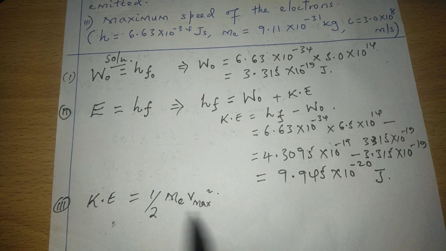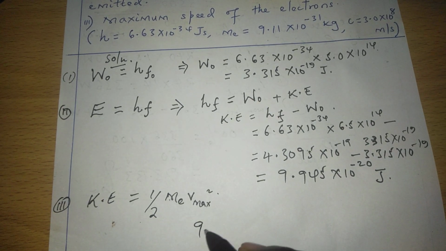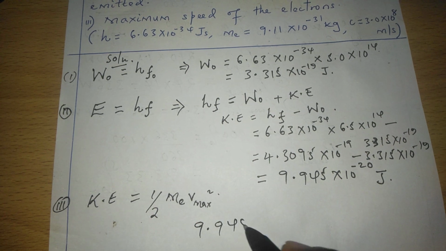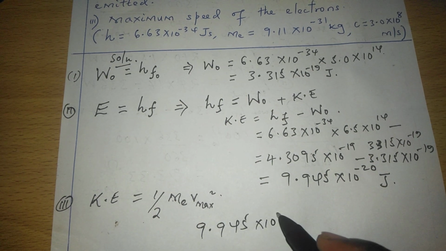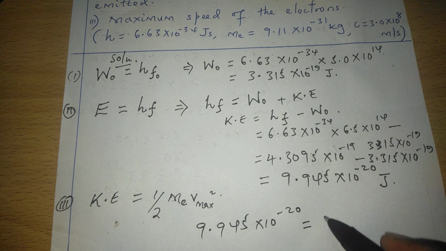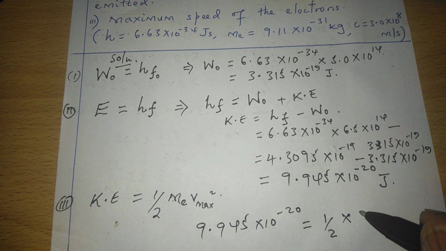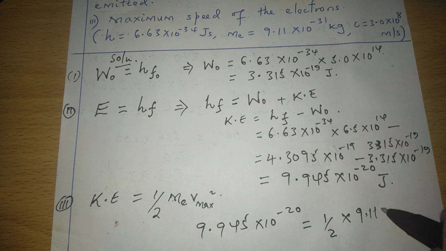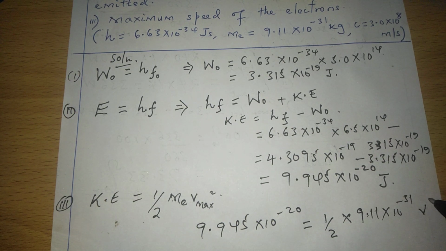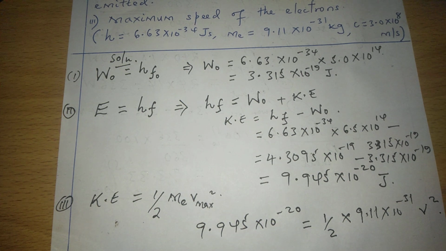Therefore, 9.945 times 10 to the power of negative 20 is equal to half multiplied by the mass of an electron, 9.11 times 10 to the power of negative 31, then the unknown velocity squared.